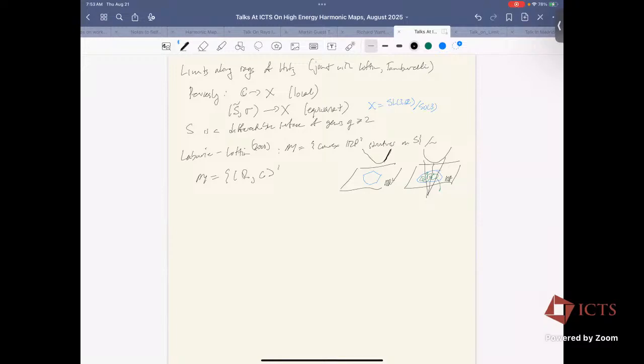So here, this is a Riemann surface, and this C is a holomorphic cubic differential in K_R cubed is a way of saying it.